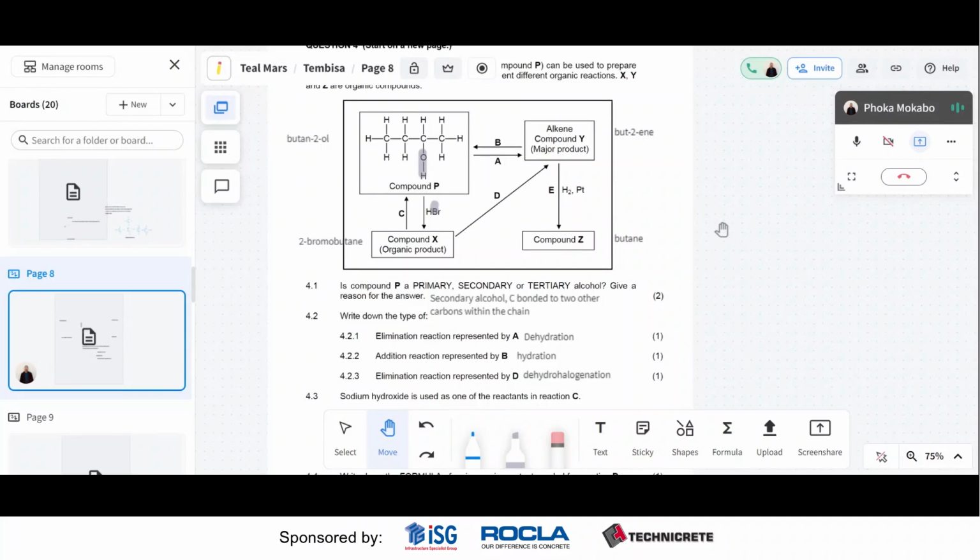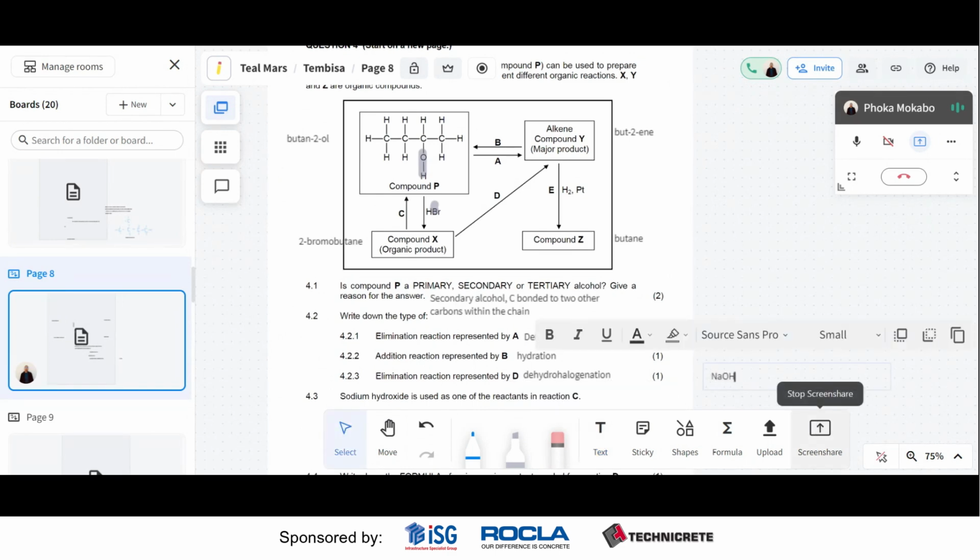I'll tell you what, I'll give you a bit of a minute to have a think for yourself. This is actually a very good question. So they basically say sodium hydroxide will take compound X, which we labeled as 2-bromobutane, to butane-2-ol, and that is through the addition of sodium hydroxide, NaOH.